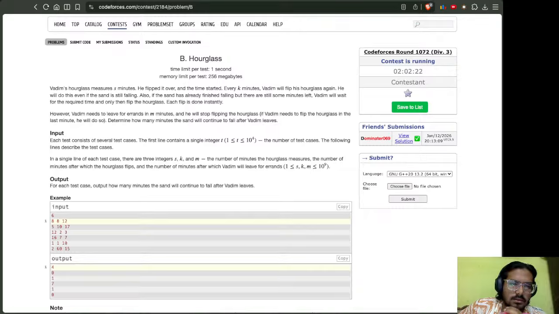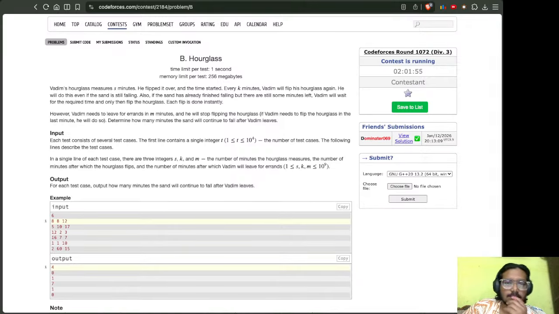However, Vladimir needs to leave in some minutes. You will stop flipping the hourglass, or if he needs to flip the hourglass in the last minute, you will do so. Determine how many minutes the sand will continue to fall after Vladimir leaves.